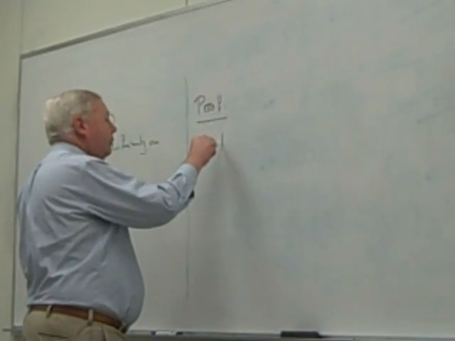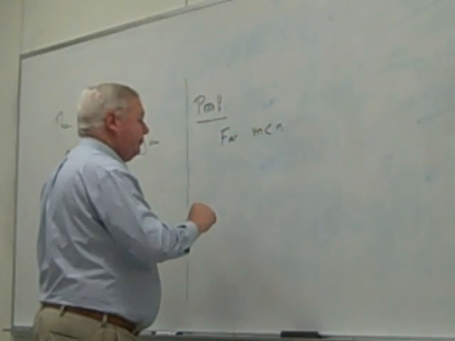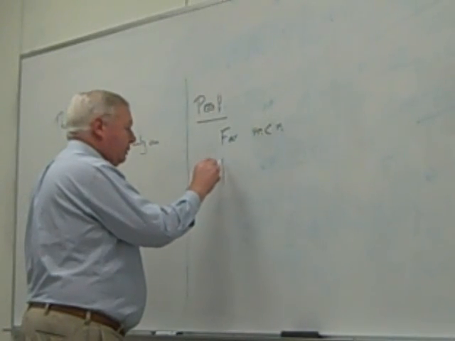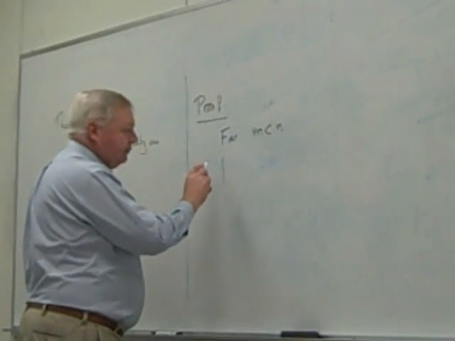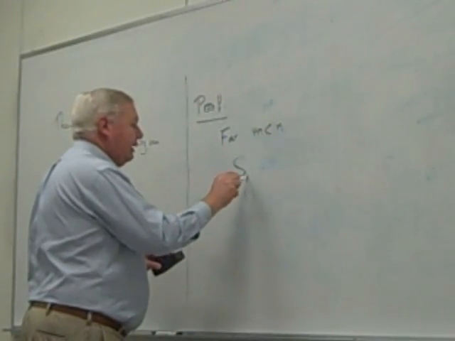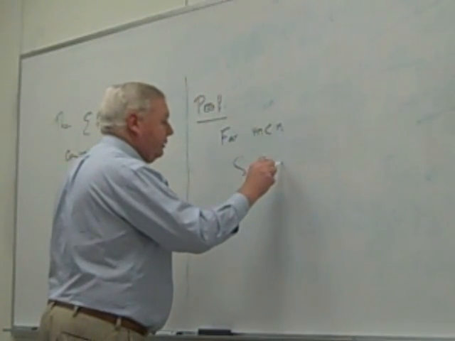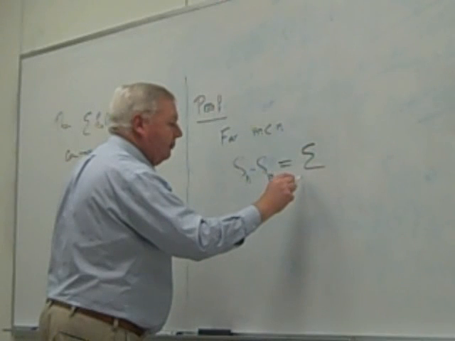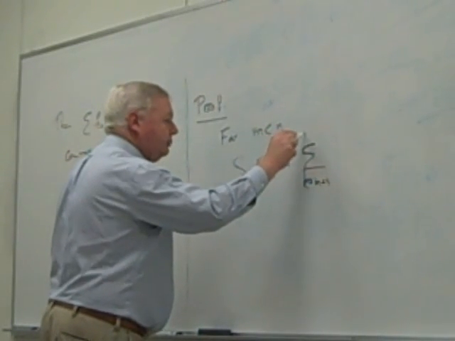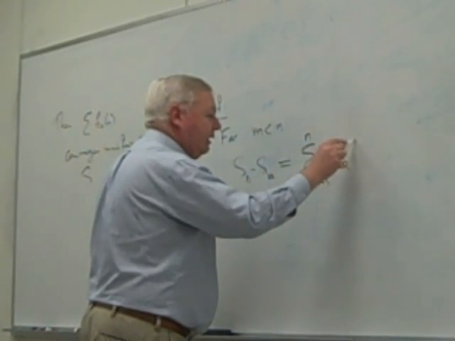So for m less than n, we have that the difference S_n minus S_m is the sum k equals m plus 1 up to n of f_k of x.